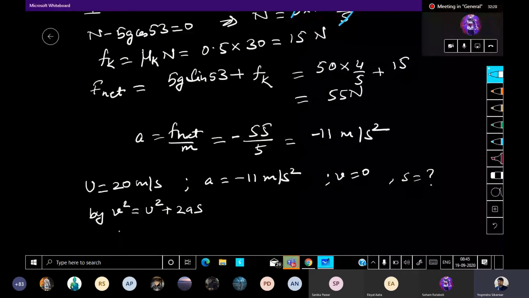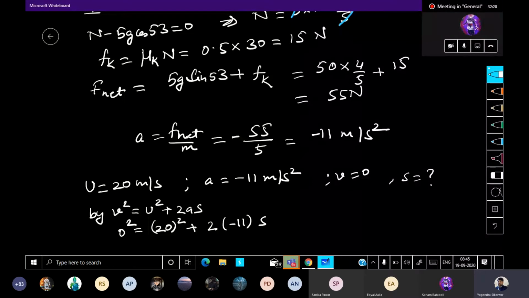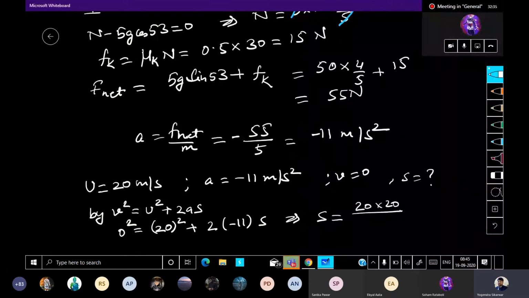So v square, 0 square, is equal to u square, 20 square, plus 2 into a, which is minus 11, into s. And that gives us s is equal to 20 into 20 by 2 into 11, that becomes 200 by 11. S is equal to 200 by 11 meters. This is the answer. Everyone, please note quickly.